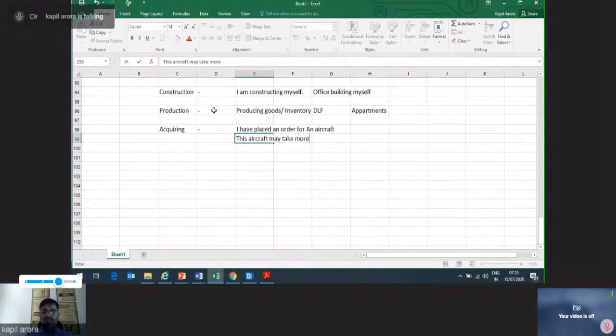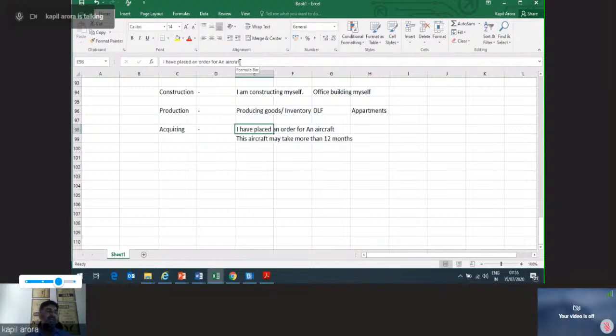So I have placed an order for the aircraft, and this aircraft may take more than 12 months. When this aircraft is going to take more than 12 months, then it will be considered a qualifying asset and will be considered for this topic.